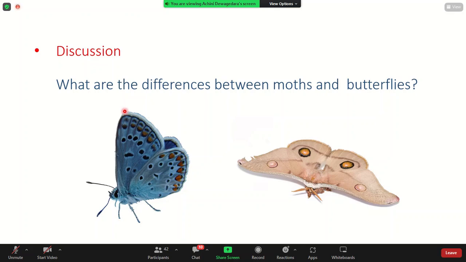Suckers, what do you mean by sucker? There are some other very clear differences. Just by looking at them, you can say.